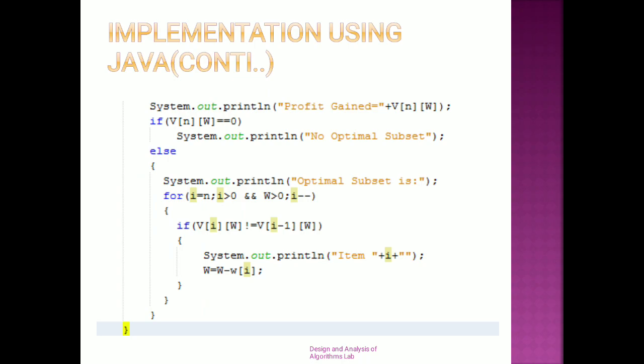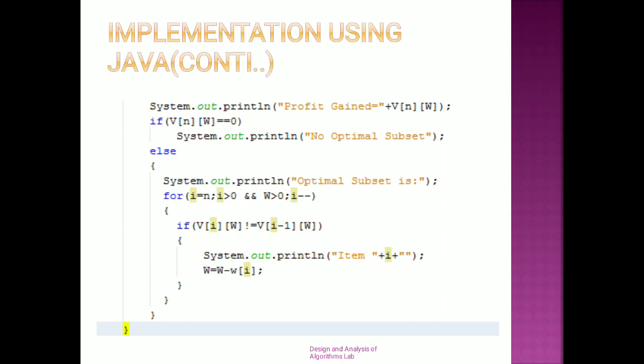Then immediately you have to update the value of W. Now W is equal to W minus w of i, since you have included item i, so we subtract the weight of that item i from the original weight W. Then again you have to repeat the procedure till you get the last item. Here i is equal to n.